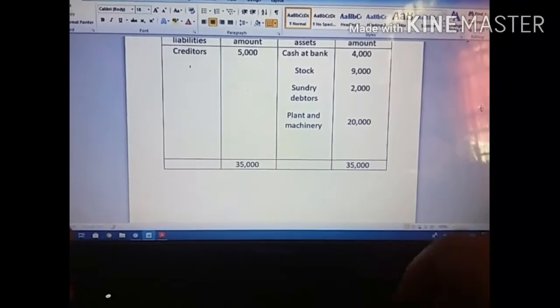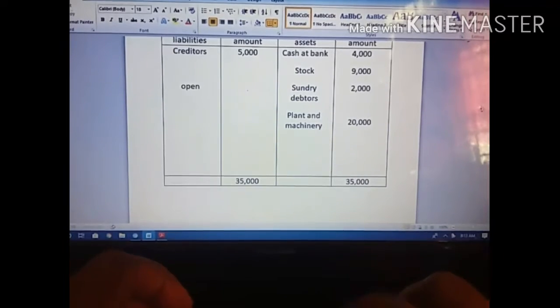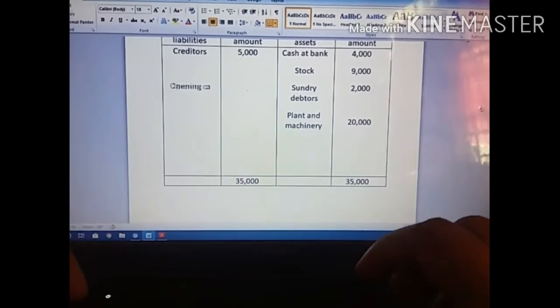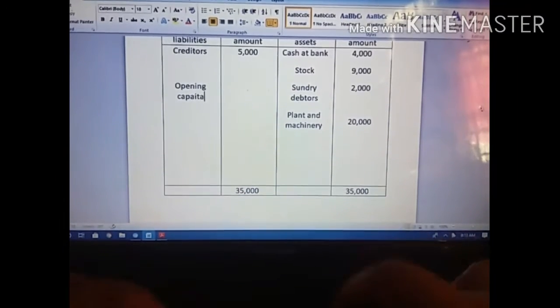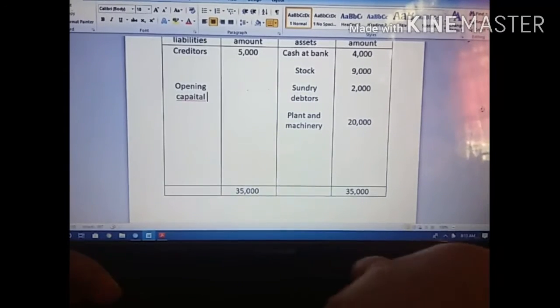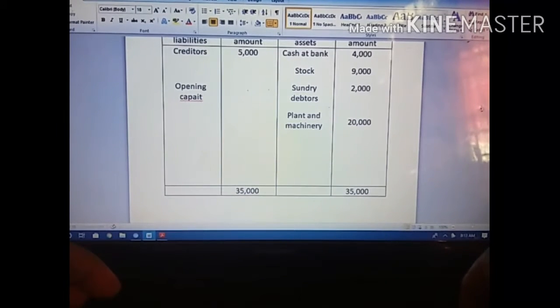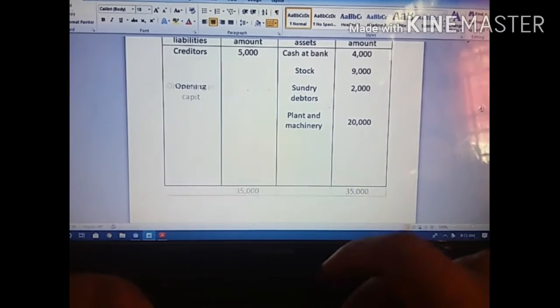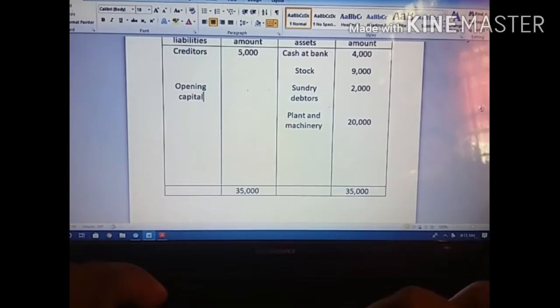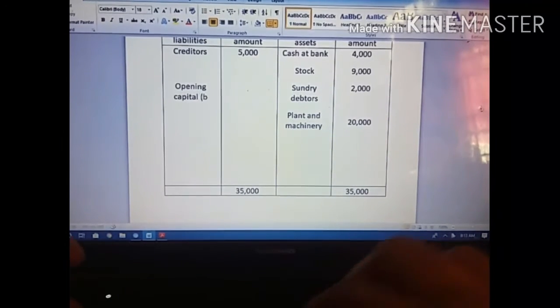Opening capital, in balance, in brackets you have to mention the balancing figure.